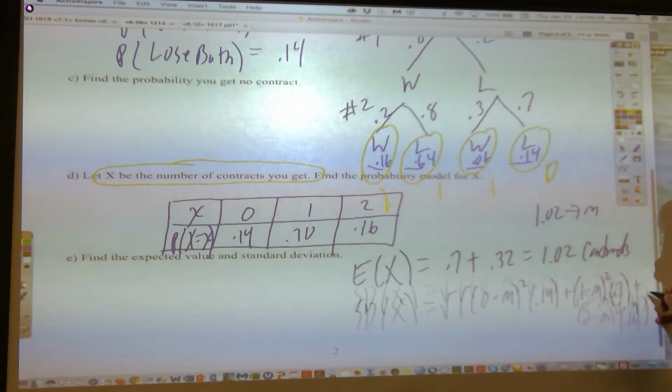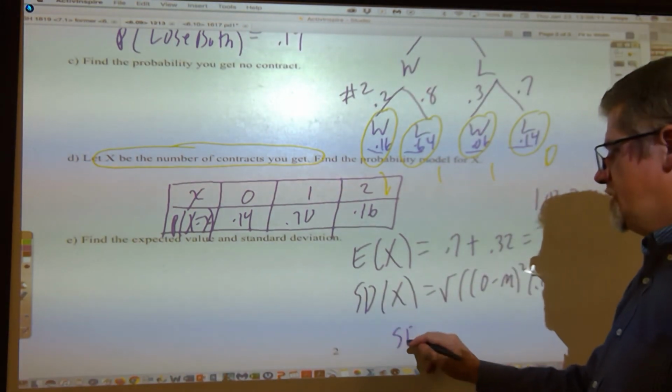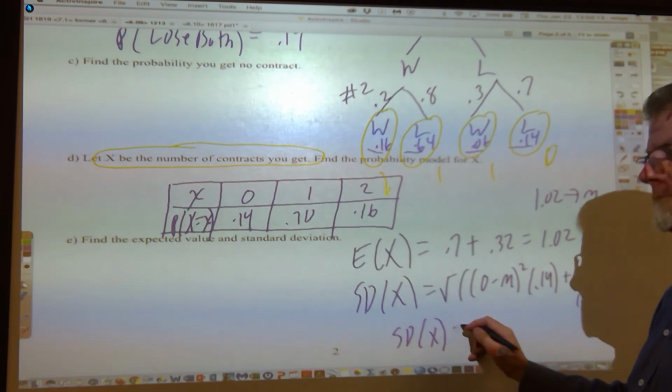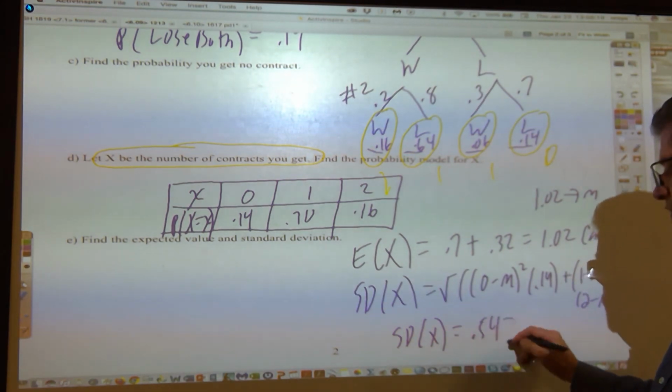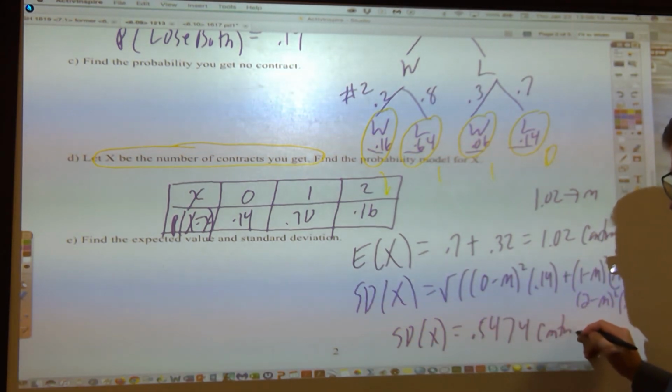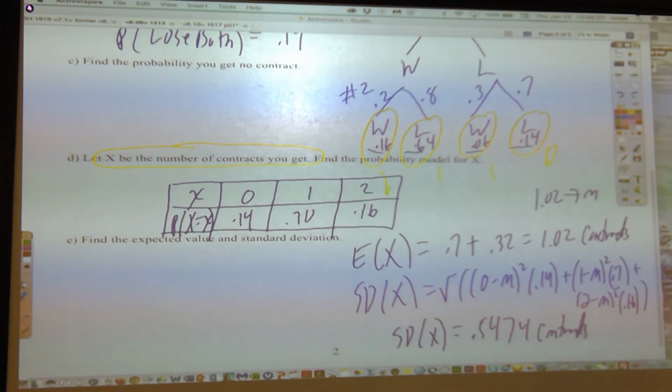And those of you who typed that in, can you report to me what the standard deviation is for this thing? 0.5474 contracts. Okay, that's actually pretty good. And that's as far as we need to go on that.